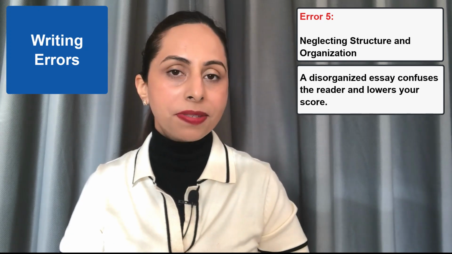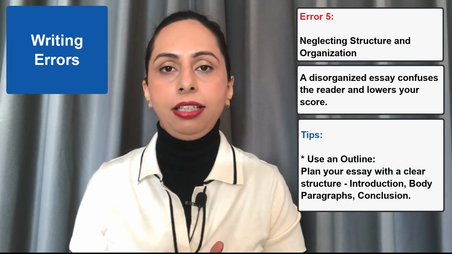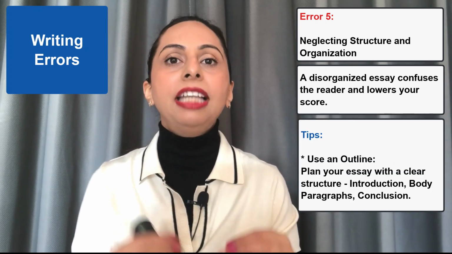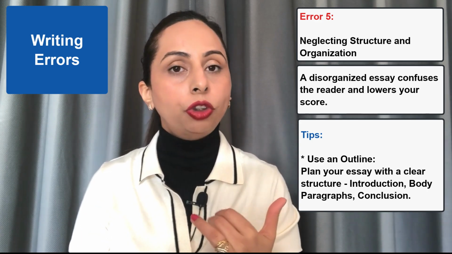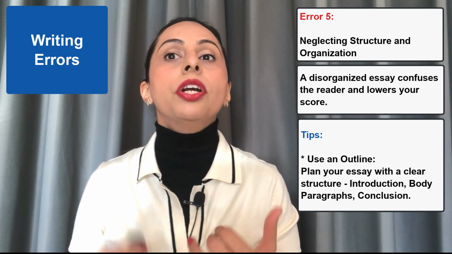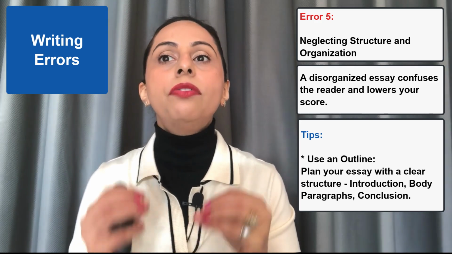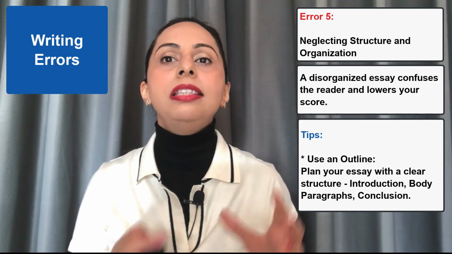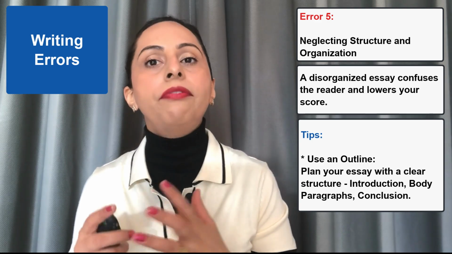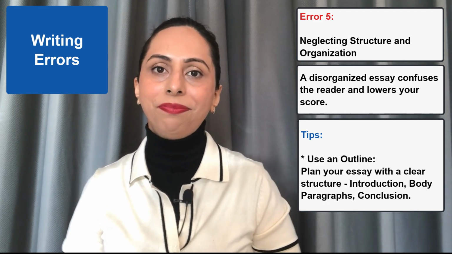I'll give you tips. Use an outline, which means plan your essay with a clear structure: introduction, body paragraphs, conclusion. So plan your response, organize your points, and use linking words to ensure a well-structured answer.